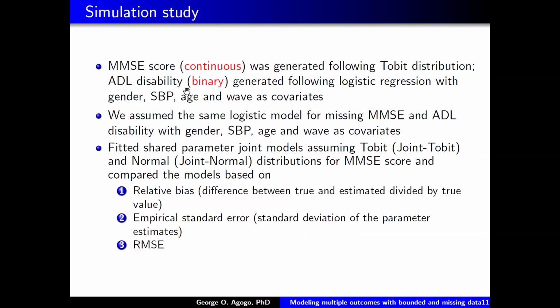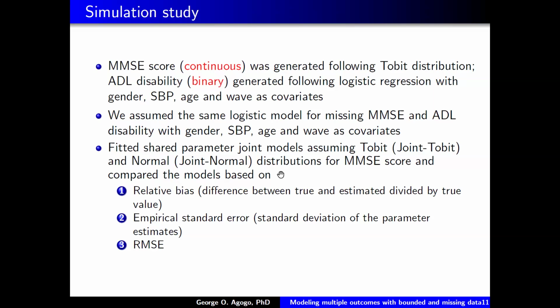Again, we simulate MMSE score following a Tobit distribution and ADL disability following logistic regression. Then we fitted a joint Tobit model, what I've just discussed. The second one I call the joint normal model, where I assume that instead of a Tobit distribution, the MMSE score is normally distributed. I wanted to see how that assumption impacts the estimates.